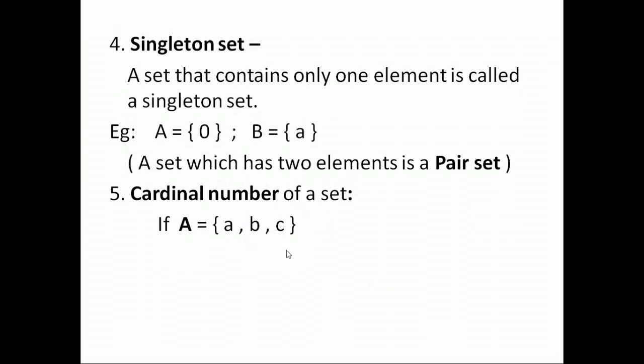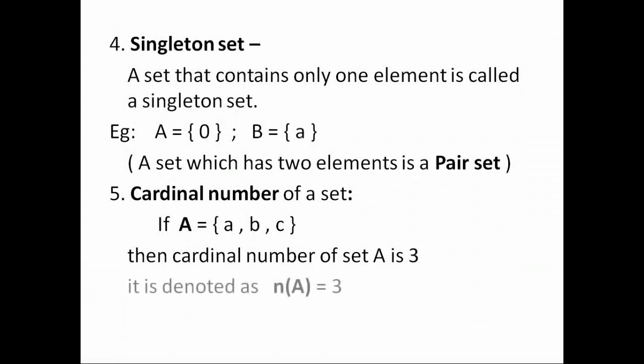So the cardinal number of this set will be 3. So the cardinal number of set A is 3. And how do we denote this? We denote it using n, then the set name in the bracket is equal to 3. So this is the way to represent the cardinal number of a set.